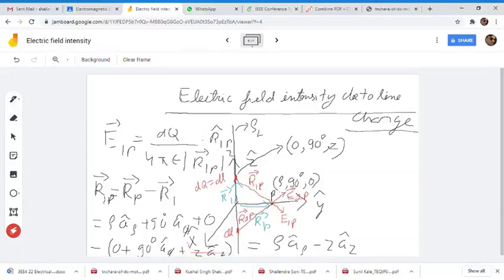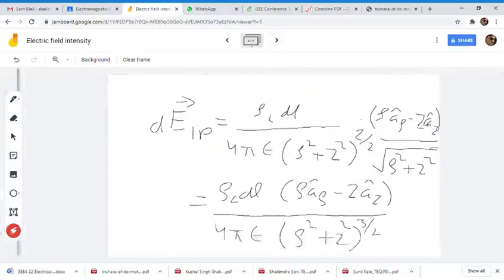It will contain a minus sign. So what will happen, R2P will consist of this positive, same as this, but this has to be positive.